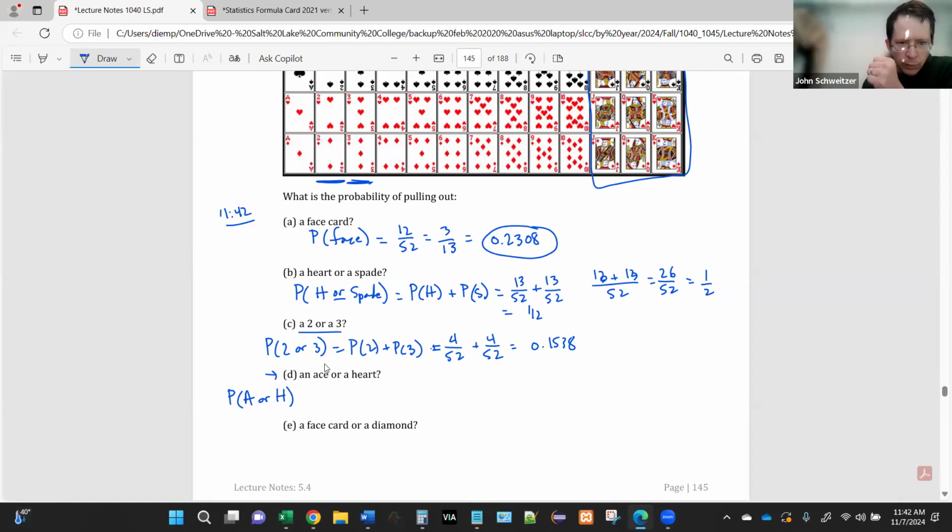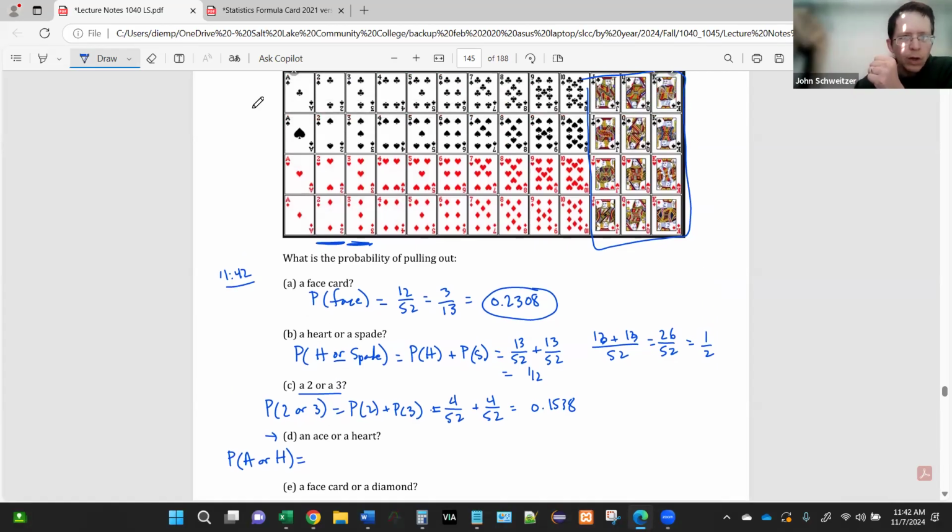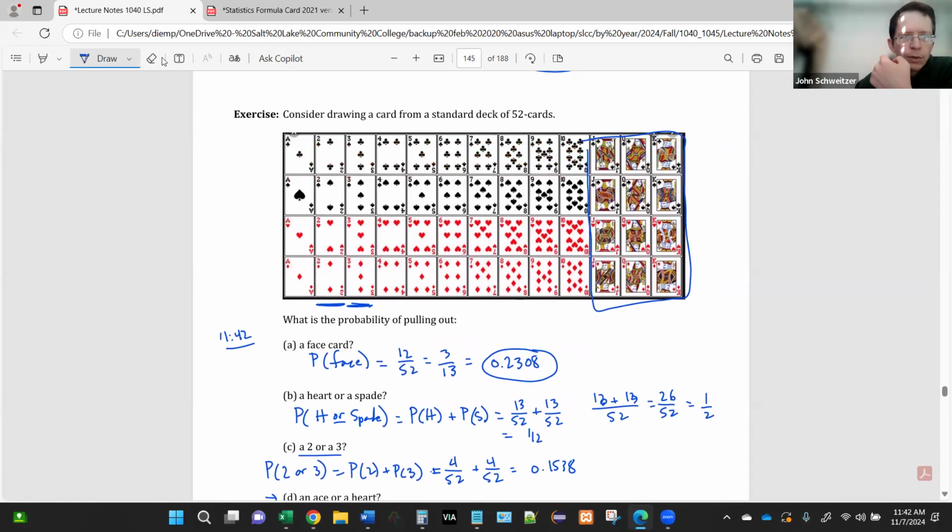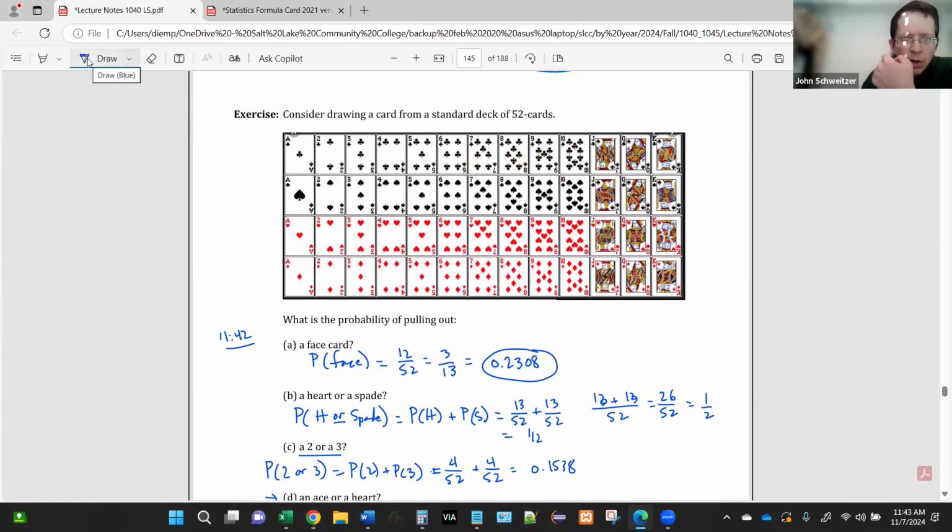So if we were to just count, I would circle all of the cards that are aces or hearts. Okay, so what cards would that be? Well, these are the aces here, and these are the hearts right here.